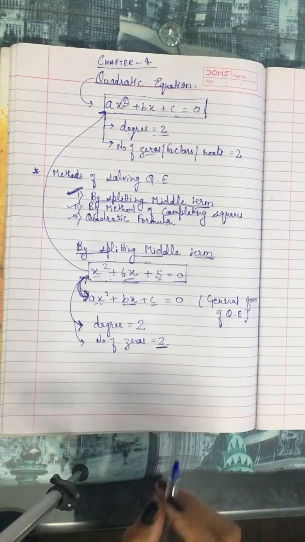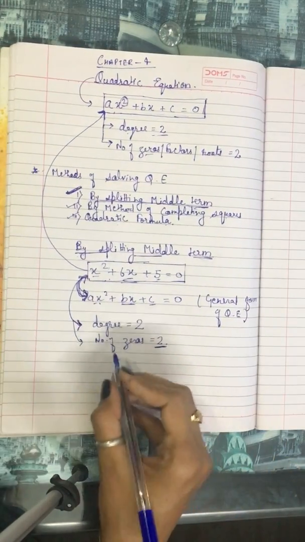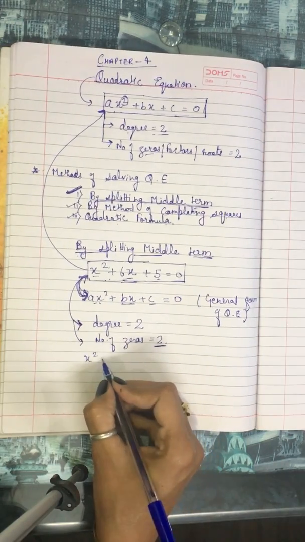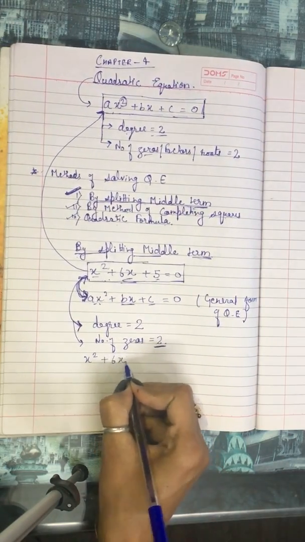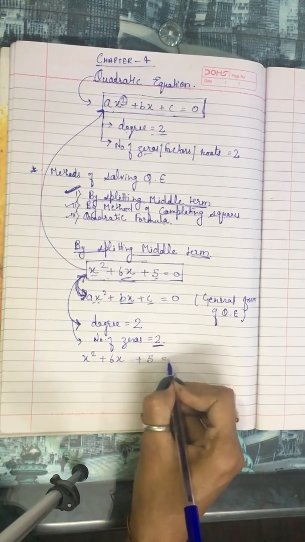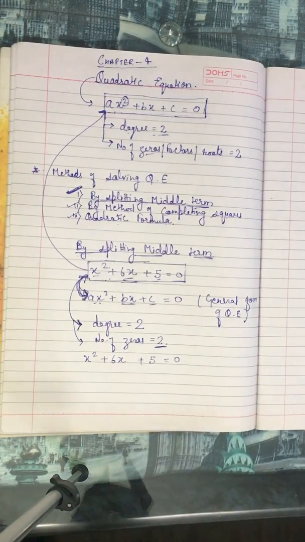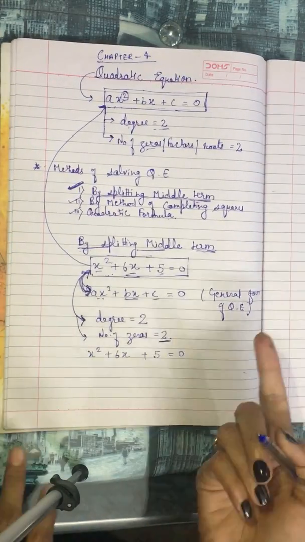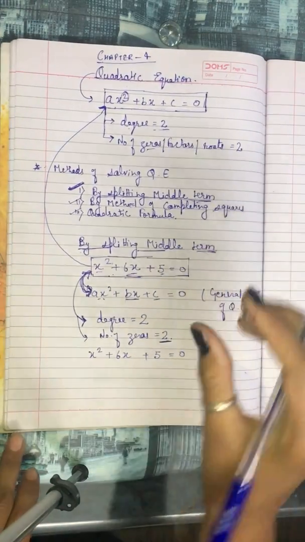In this method, first of all, write down the quadratic equation x² + 6x + 5 = 0. What are the steps to solve by this method? We will solve each method step by step.